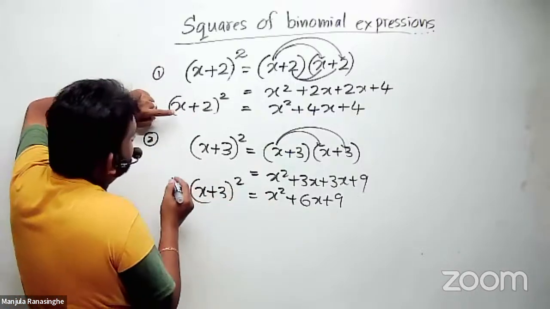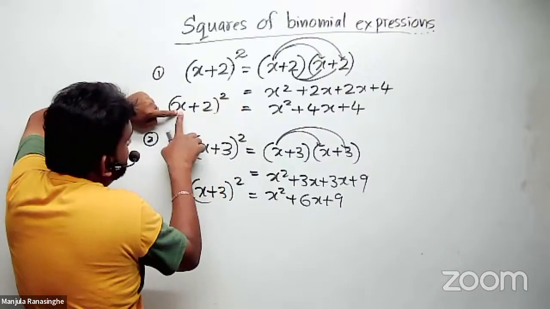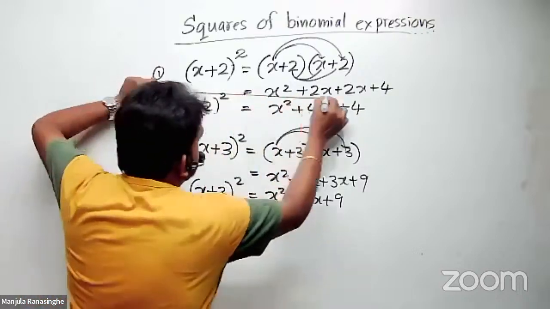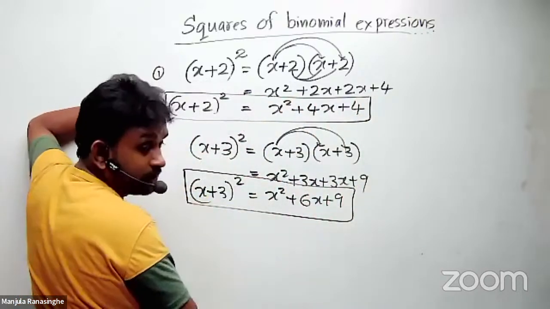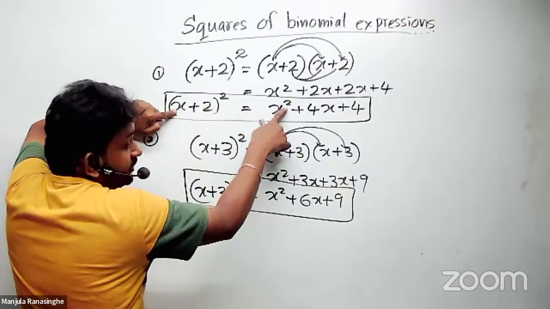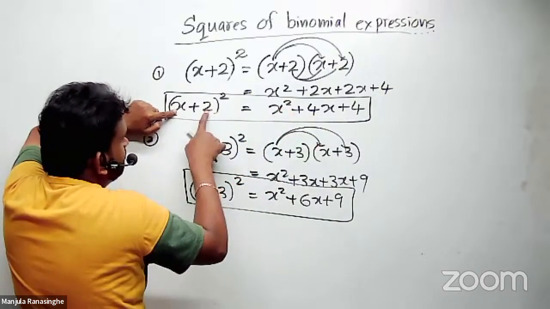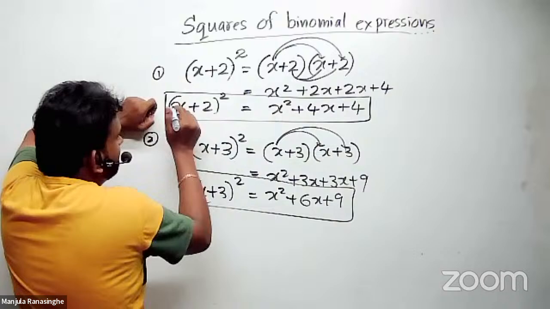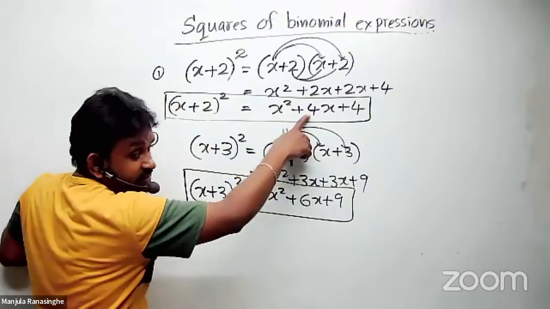Now what happened? See there carefully. This is the x plus 2 squared answer, and here the x plus 3 squared answer. The first term x becomes x squared. The product of the second terms here is 2 into x, 2x, but here 4x is there.